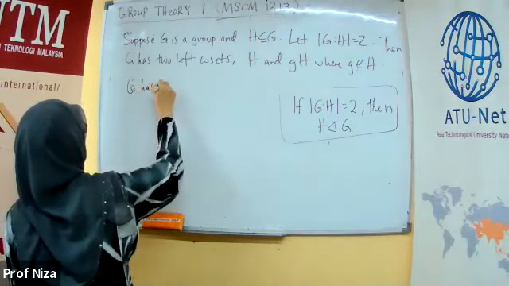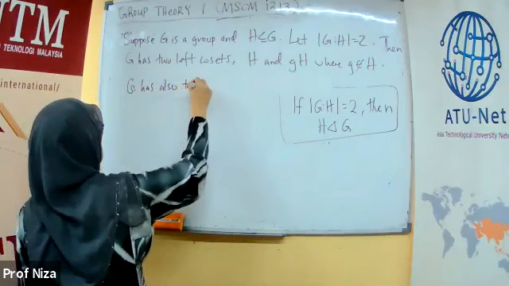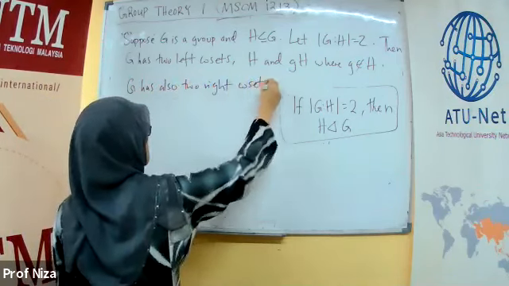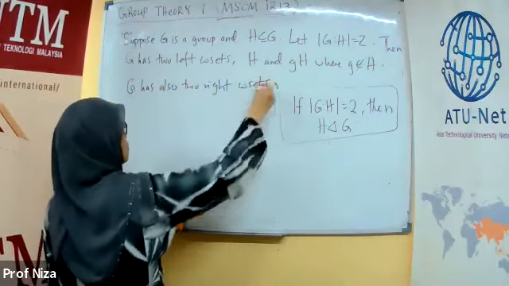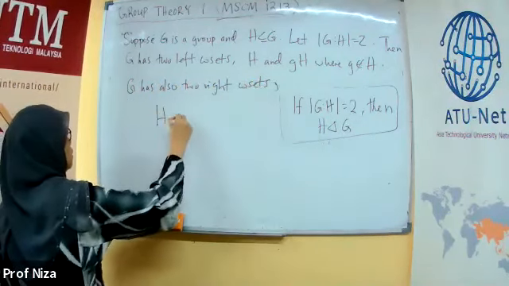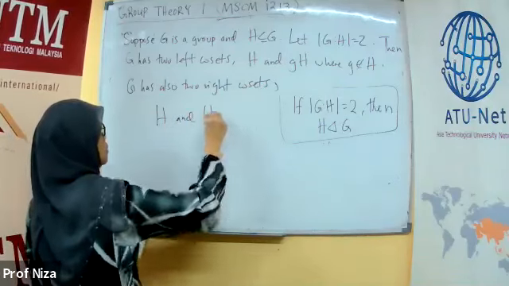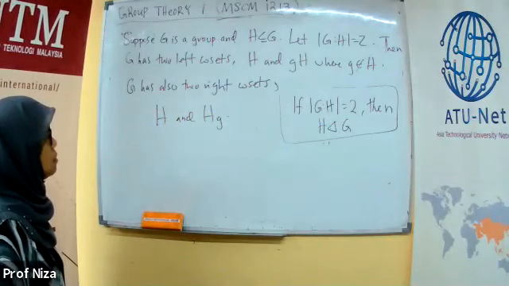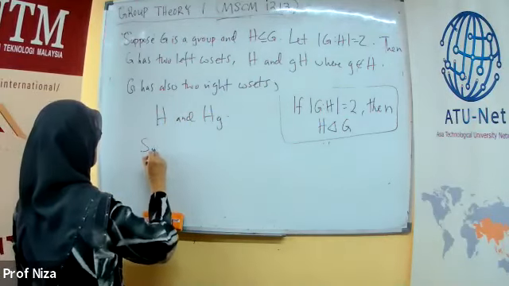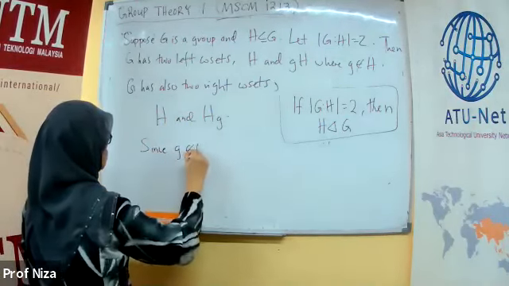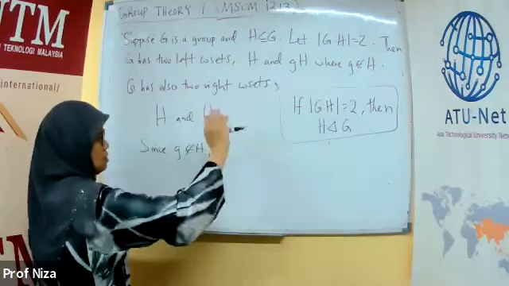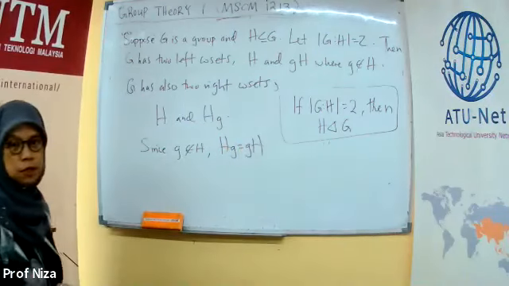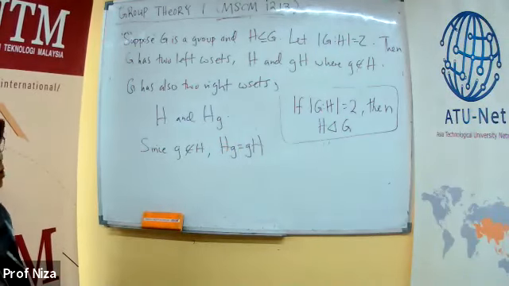G also has 2 right cosets, H and Hg. So since g is not in H and there are only 2 cosets, Hg has to be equal to gH, because there are only 2 cosets.